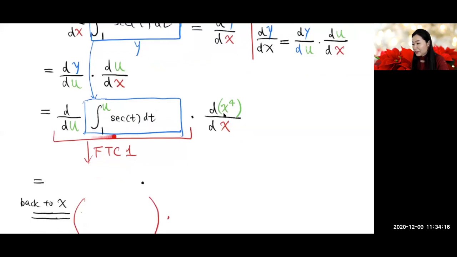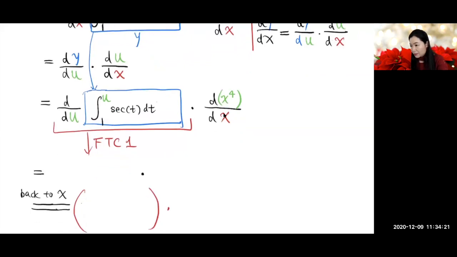Now this part here, we know what to do. We integrate this continuous function from a constant to u, and then differentiate that with respect to u. By the fundamental theorem of calculus part 1, what do I end up with over here?